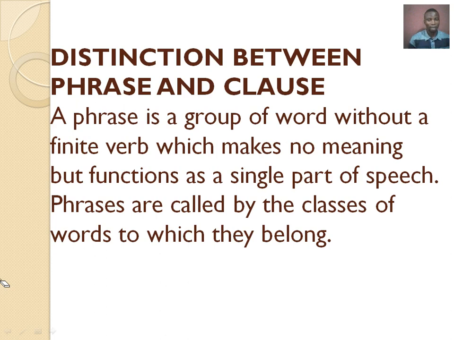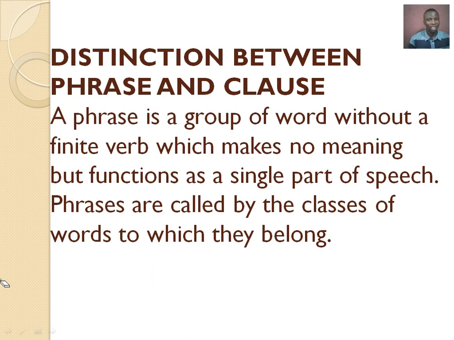A non-finite verb will not change its form to indicate any of the things I have mentioned. But the finite verb will definitely change its form to indicate number, person, and tense. "I like to play," as an example. "She likes to play."